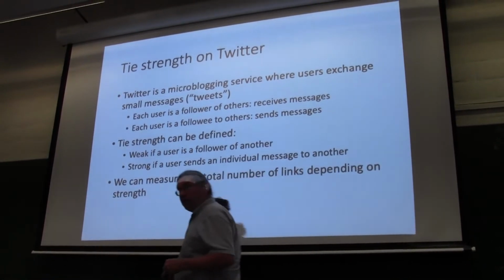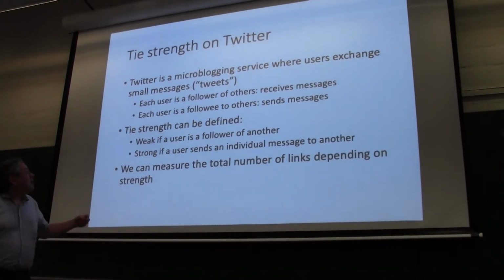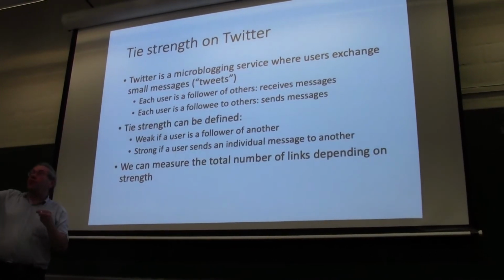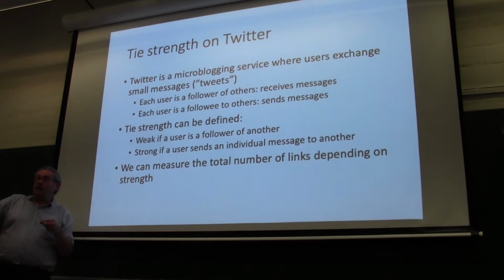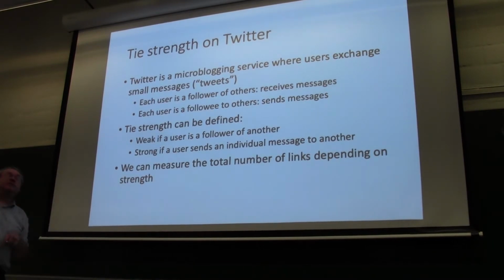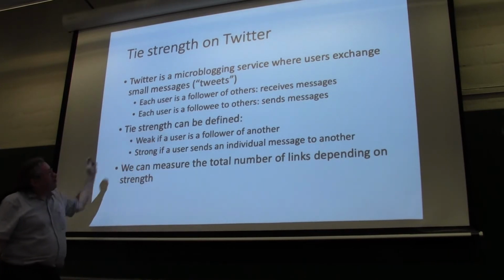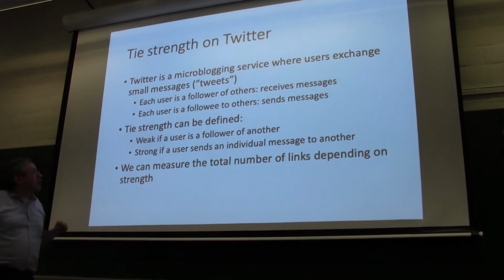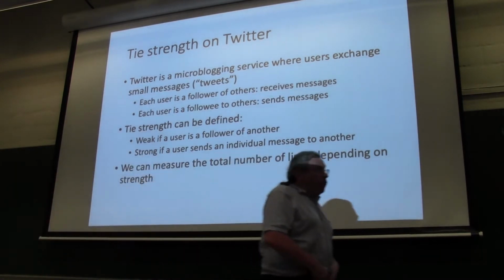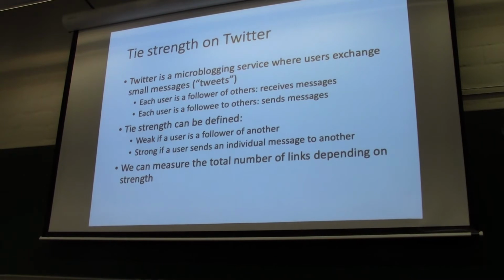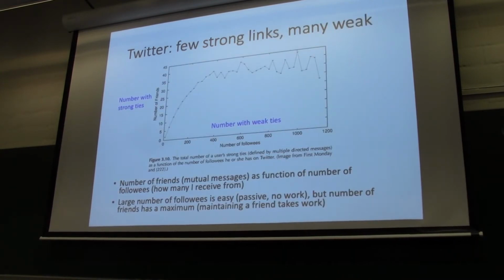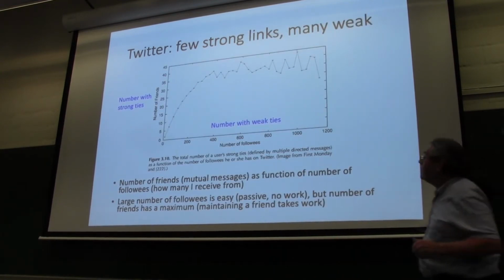Now in Twitter you can follow, but you can also send messages directly to somebody. You can reply directly to an individual, to that person. So you say it's weak if you're just a follower, and strong if you're actually sending messages. Now we can look at how it's related. This is a graph for Twitter.